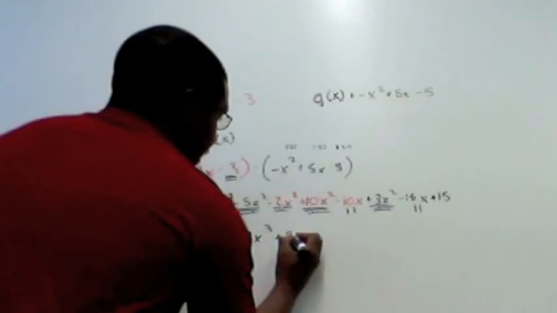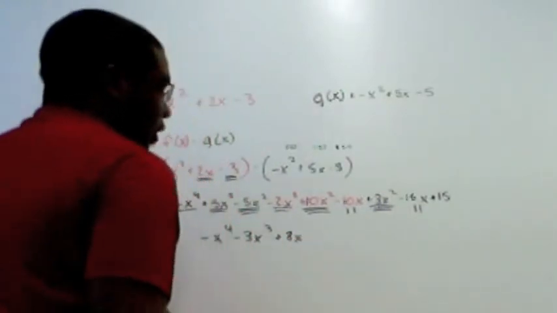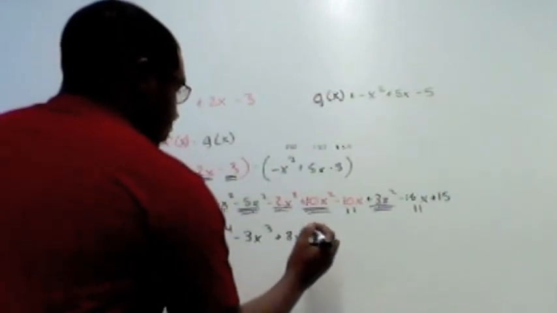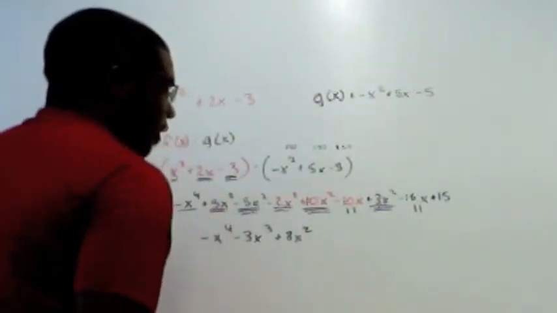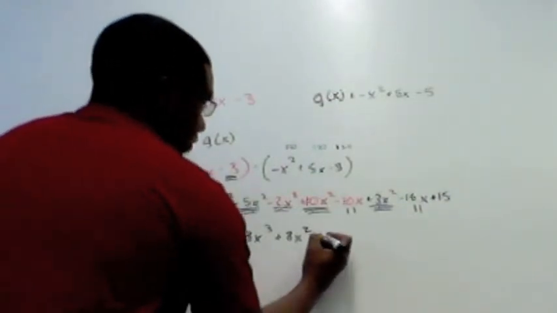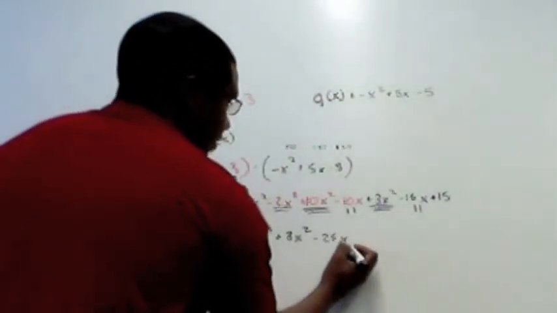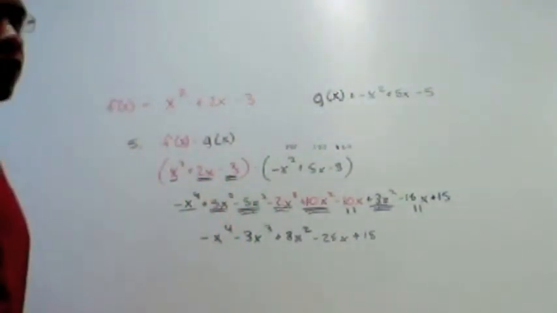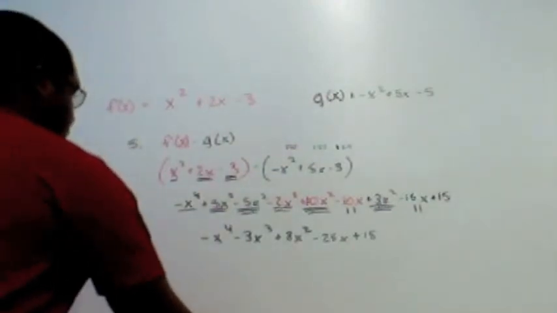So I'll have plus 8x squared. Then I'll go on to my x components, which is negative 15, negative 10, so negative 25x, and then plus my 15. So that'll be my f of x multiplied by g of x.